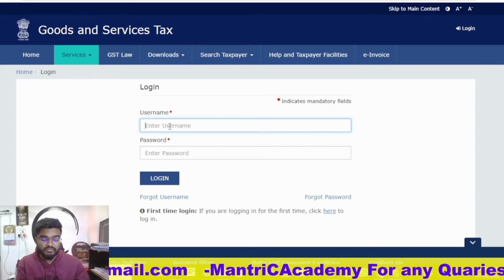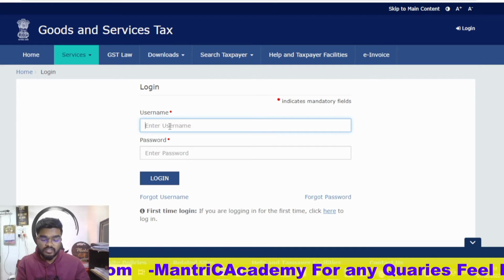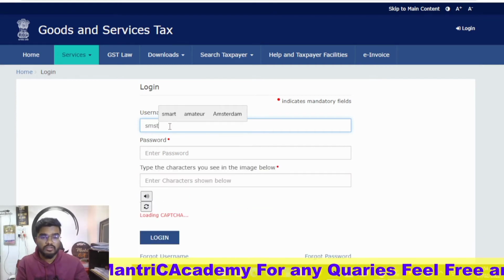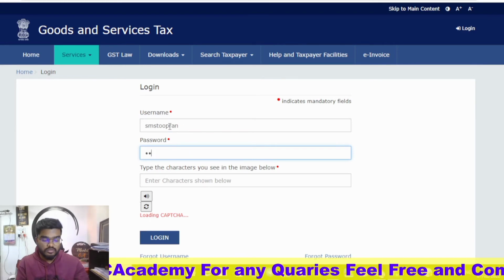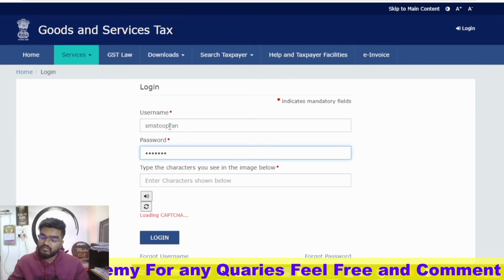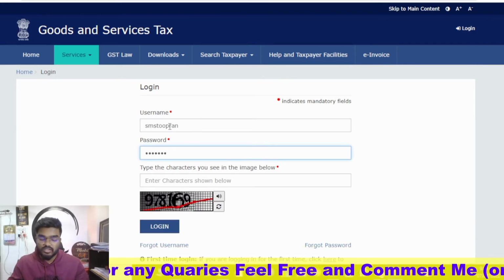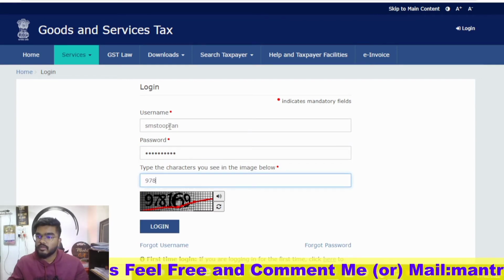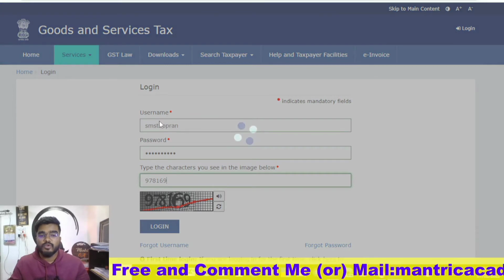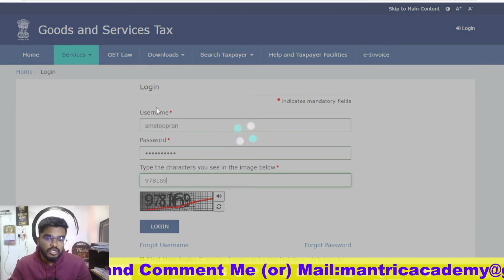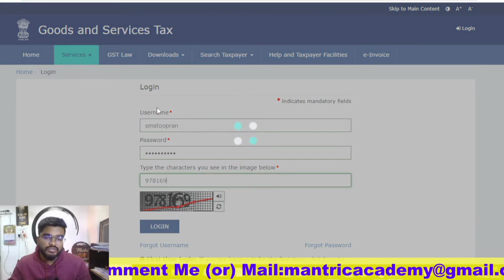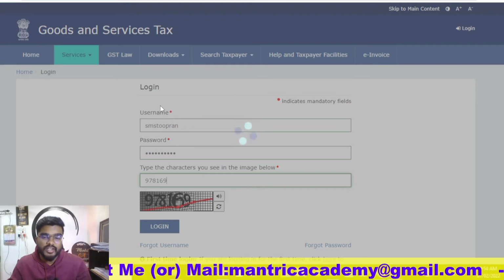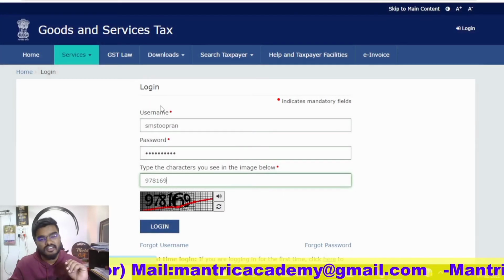I will log in as one of my clients and file one quarter practically on the GST portal. After going to the dashboard, select the quarter which is pending to file the GST return.